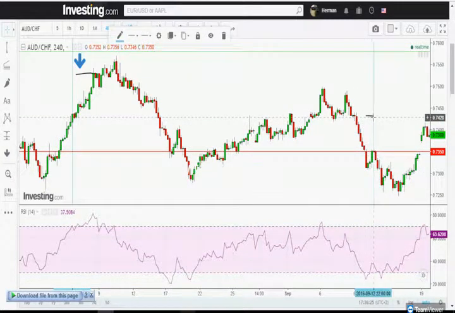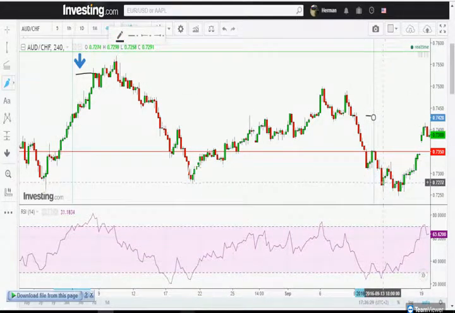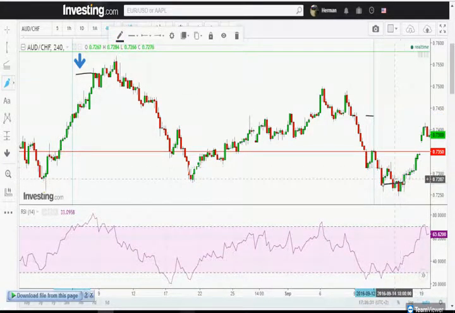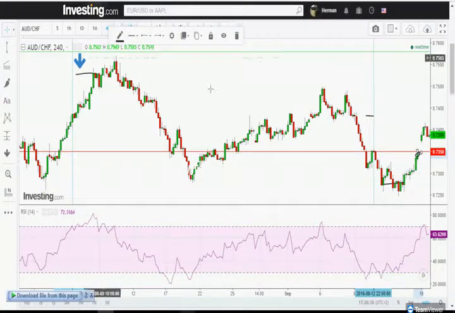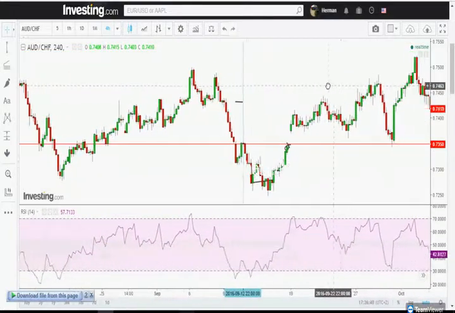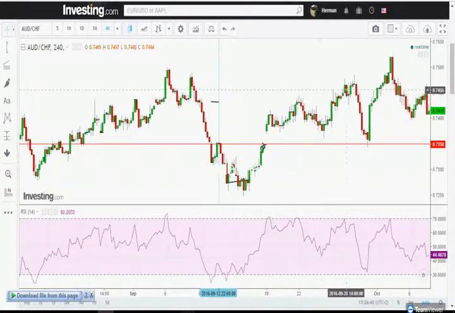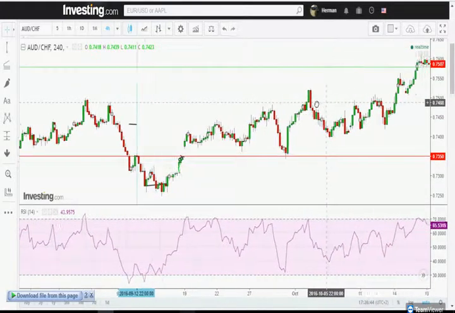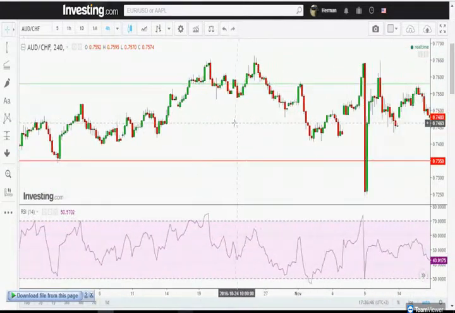So we would consider this one. We would enter somewhere around here, then it will hit take profit. The OVER-RSI was one of the most consistent pairs with the strategy. Please take advantage of it.